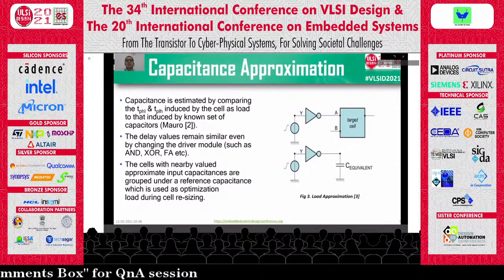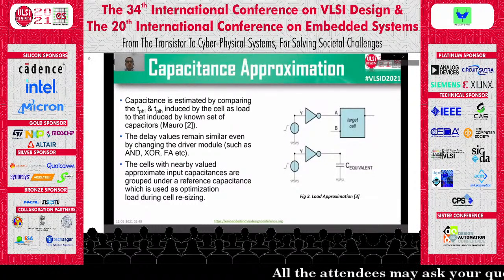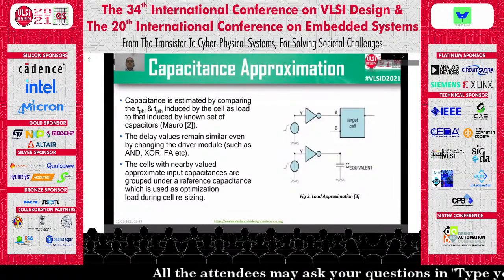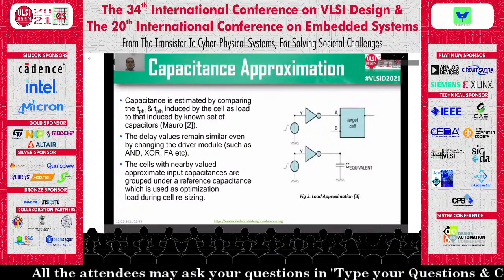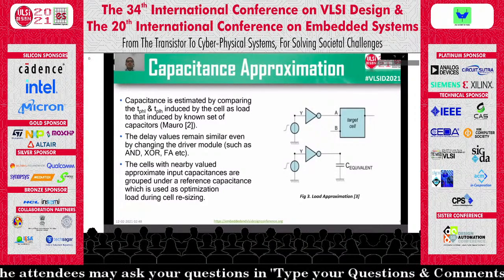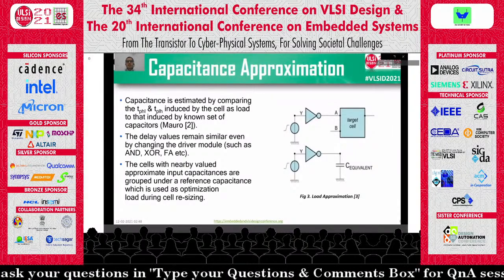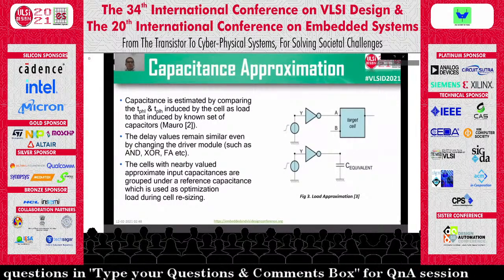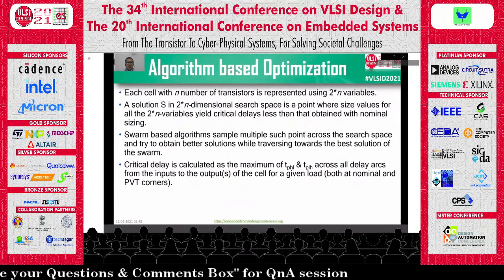Over here it's an inverter, and compare the delays that the C equivalent induces with the same driver. Now the value of the C equivalent that we obtain for this inverter driver does not change much if we use a different driver instead. If we use some other circuit as the driving module instead of this inverter as shown.